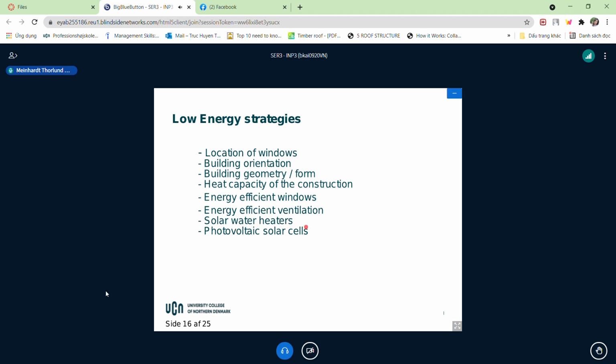Solar water heaters you could use, and photovoltaic solar cells. The last two parts I would personally call blue on green solutions. These two won't solve the energy consumption of the building.